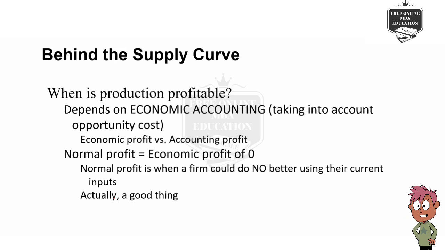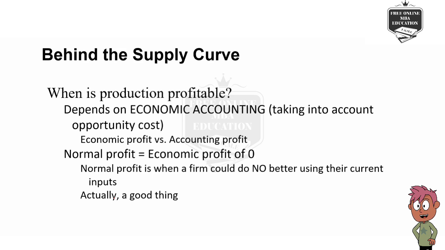Now, when we say there is a normal profit, technically it could also mean that your economic profit is zero, because here the amount that you spend is the same amount that you have earned. And normal profit is when a firm could do no better using their current inputs, which is actually a good thing. So I know for myself that even if I am making normal profits, I am doing my best to reduce the cost to the maximum.